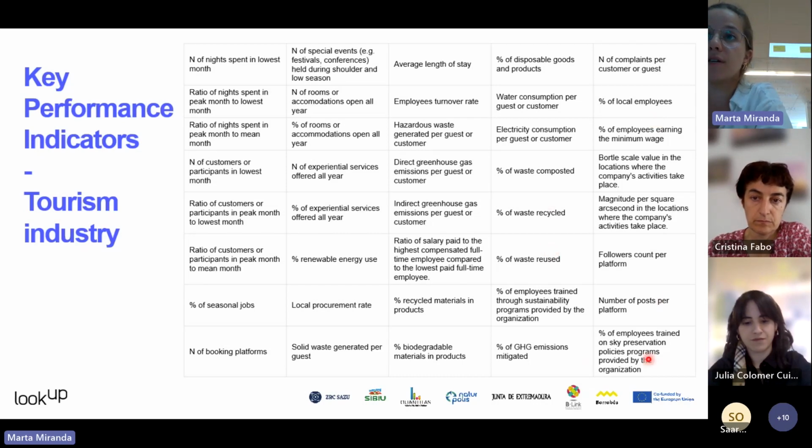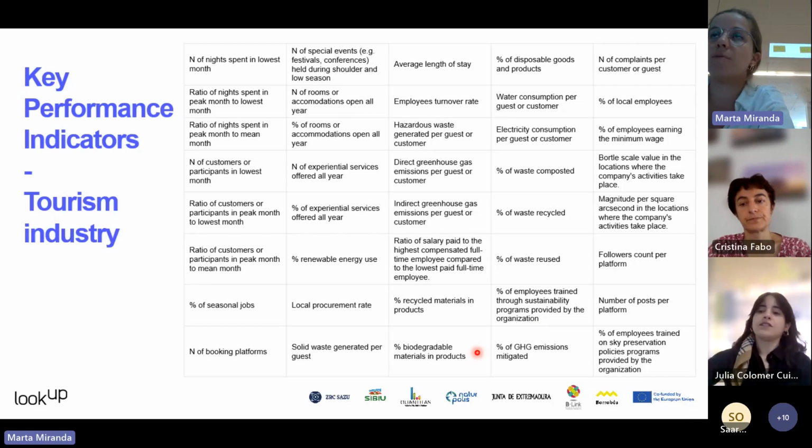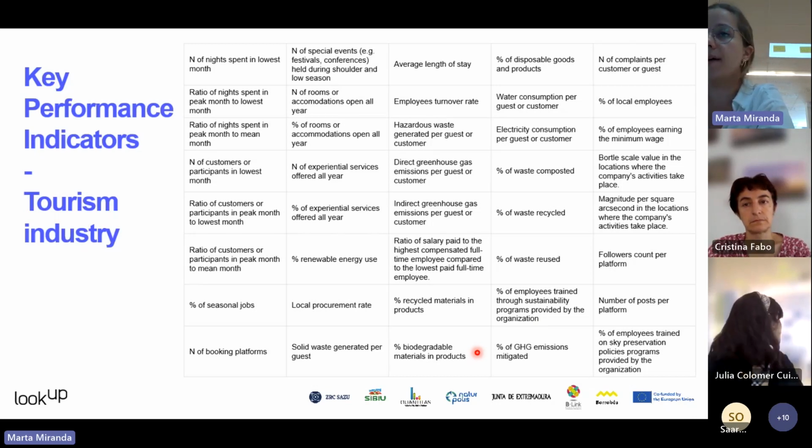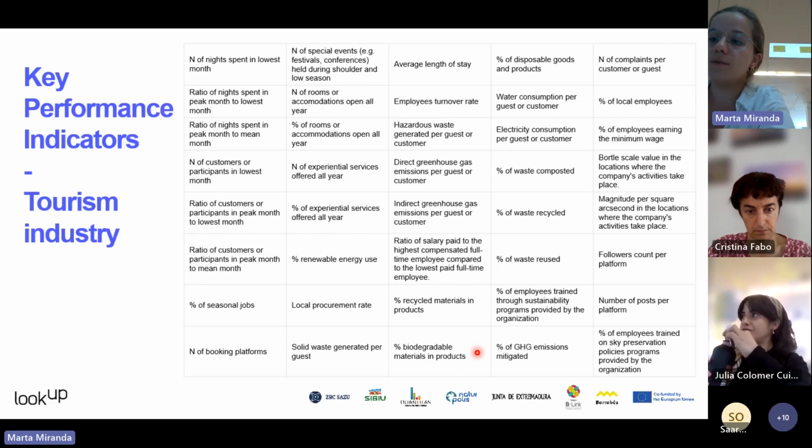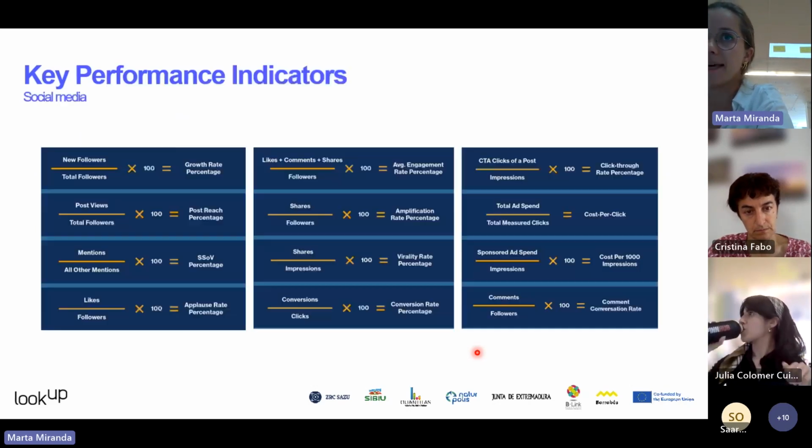But also here, for example, we can see a KPI related to the sky, the percentage of employees that are trained on sky preservation policy programs provided by the organization. No? That can also be a KPI. You can make up your KPIs, or maybe your organization also has its own KPIs. No? So we encourage you to select the most relevant for your new business model idea.